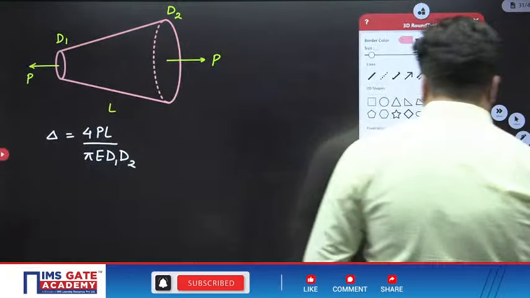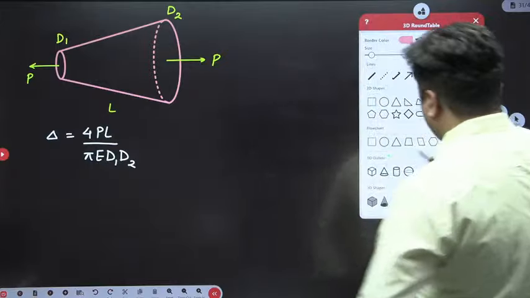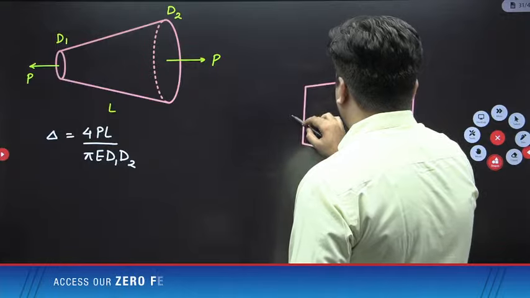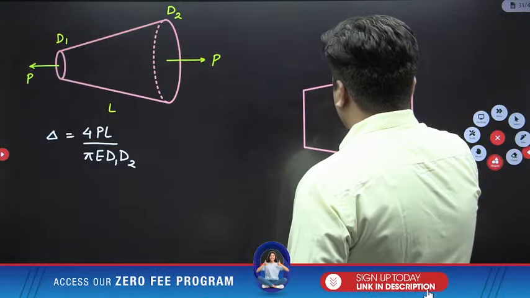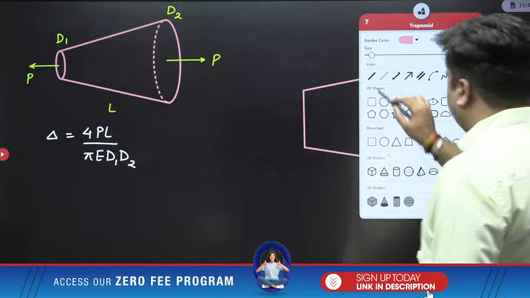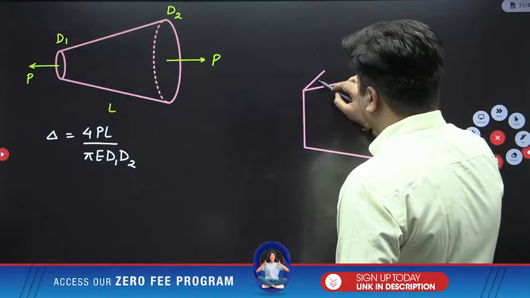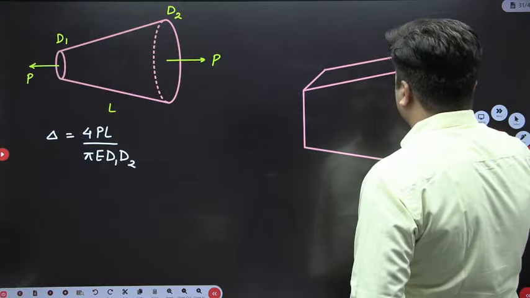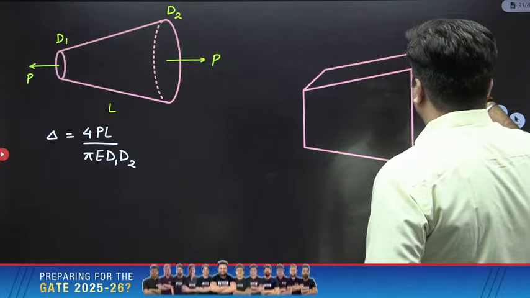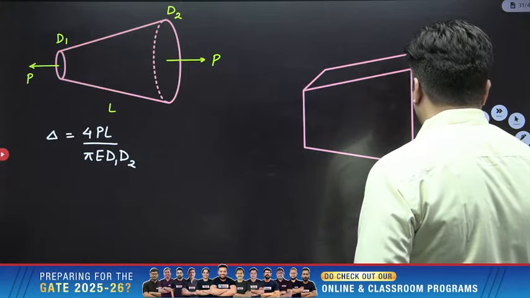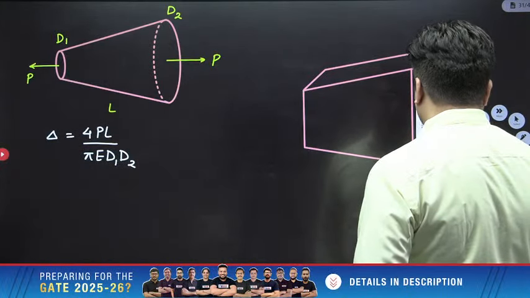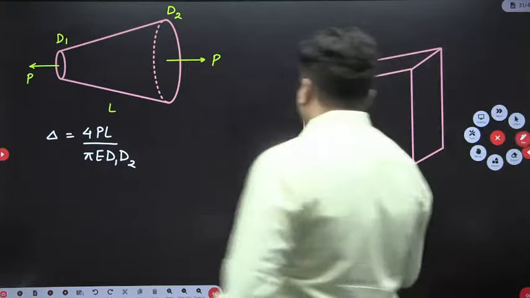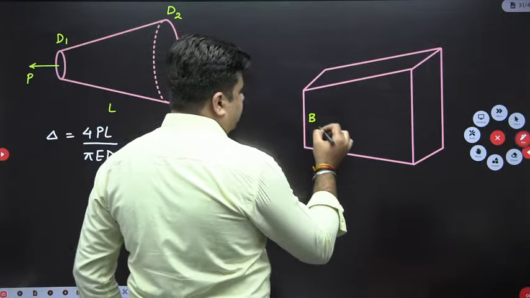For example, if you have a trapezoidal tapered bar like this, of constant thickness T. Width here is B1 and width here is B2.